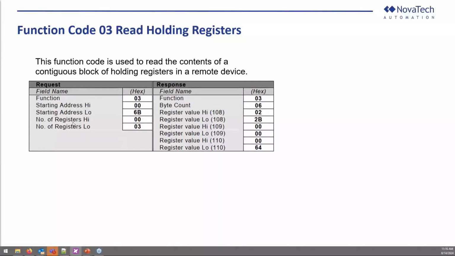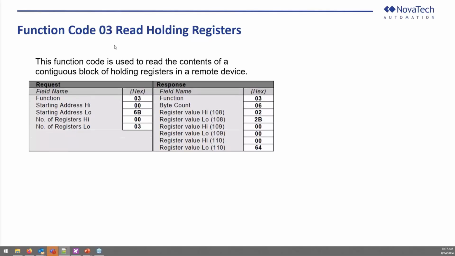One of the things I like to mention in this is sometimes people will get a little confused, especially when we get to function code 3 and function code 4. Function code 3 is reading those holding registers.